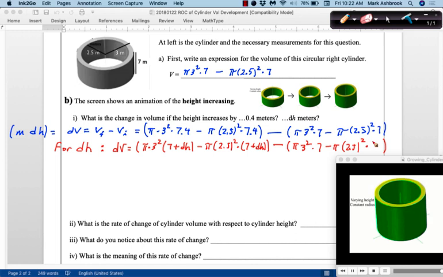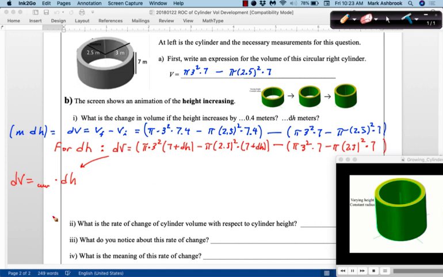So now, why are we doing this? Because if we can get this whole expression to look like dV equals something times dH, then what did I just figure out? The rate of change of volume with respect to height, right?